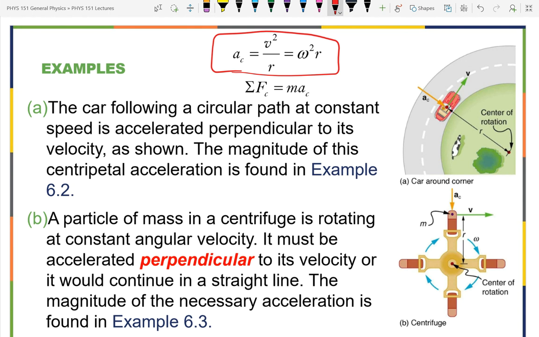Okay, so what did I do wrong? I released it too late, right? You have to release it at the right time. But once it leaves my hand, what shape will its path have?